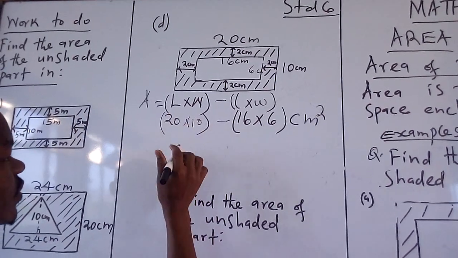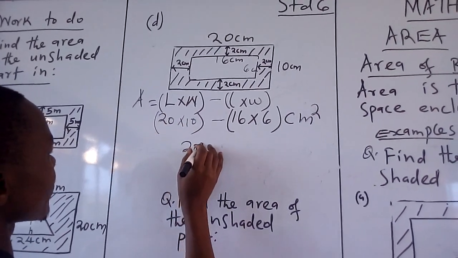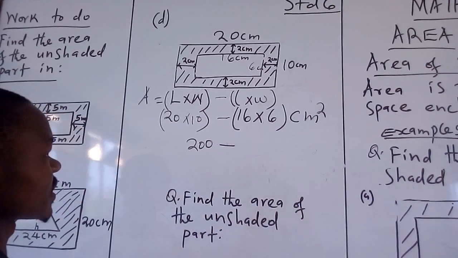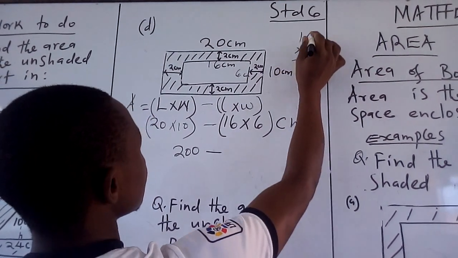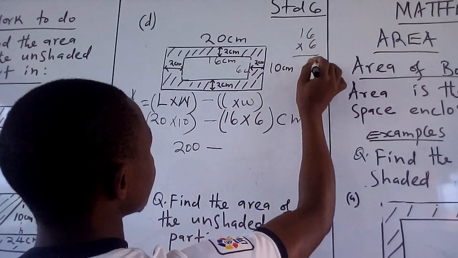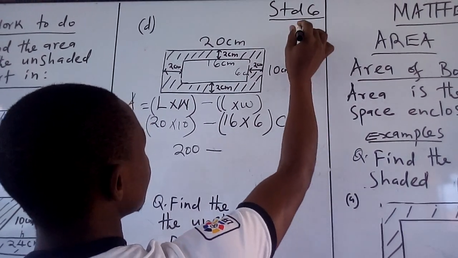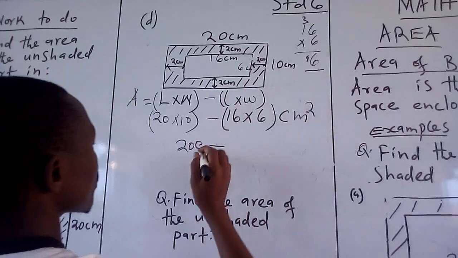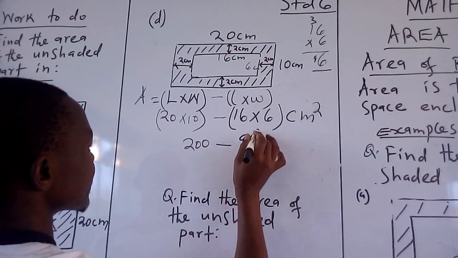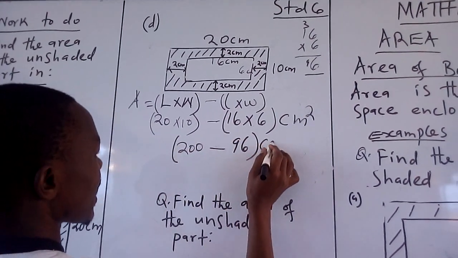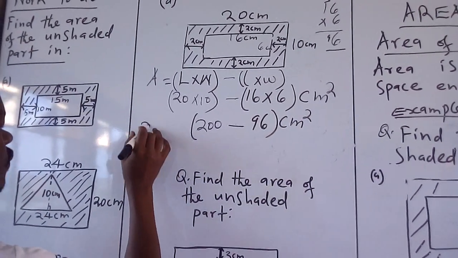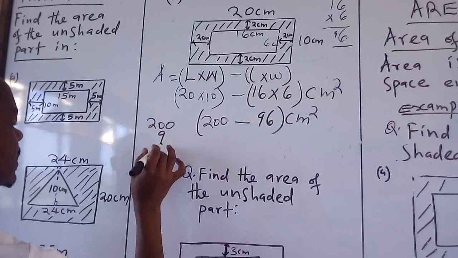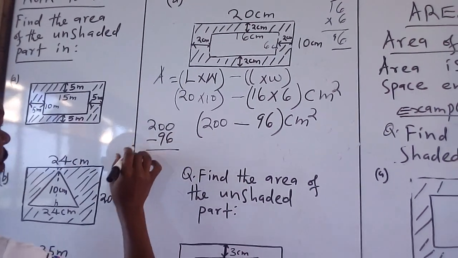So 20 times 10, you get what? 200, minus. We have 16 times 6. 6 times 6 is what? 36. Carry 3. 6 plus 3 is what? 9. So we are going to have 96. Get the difference and your answer should be in square units. So we are going to have 200 minus 96.